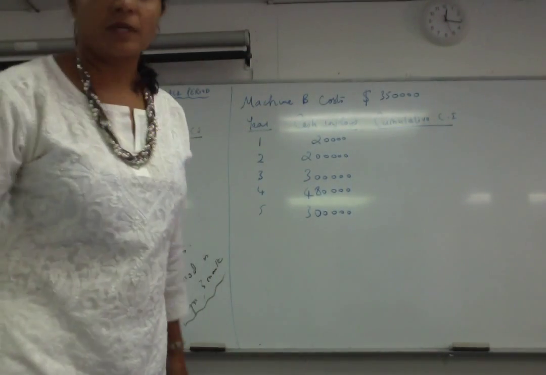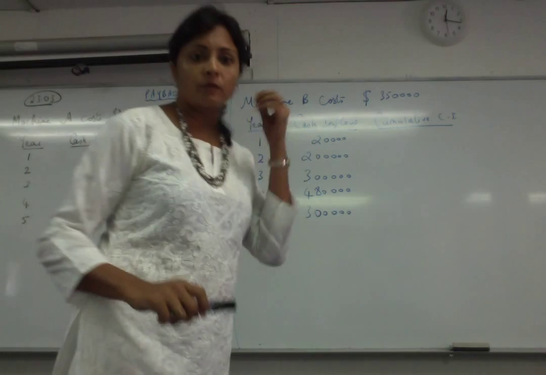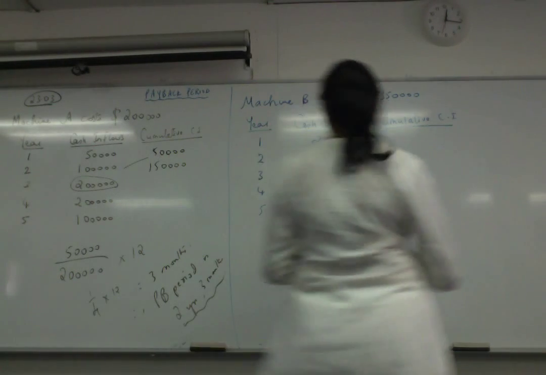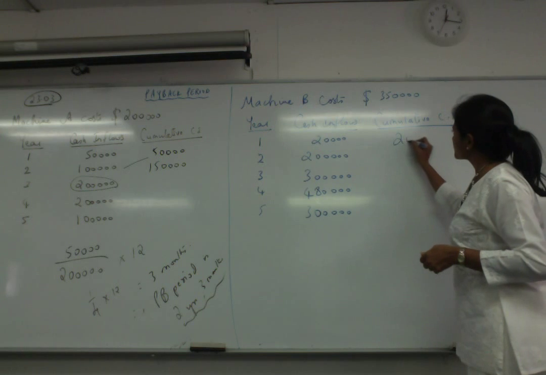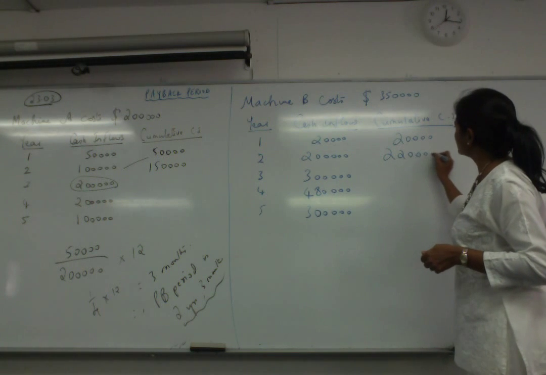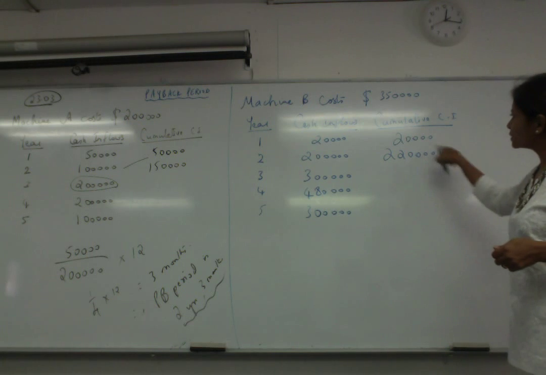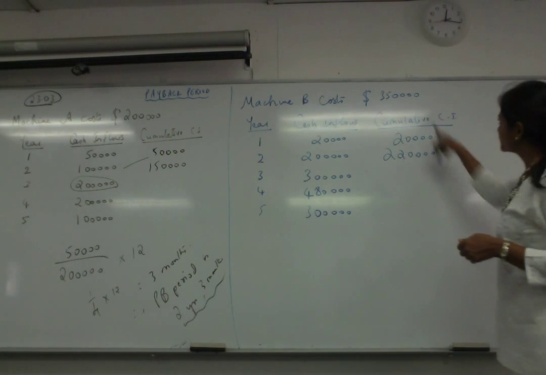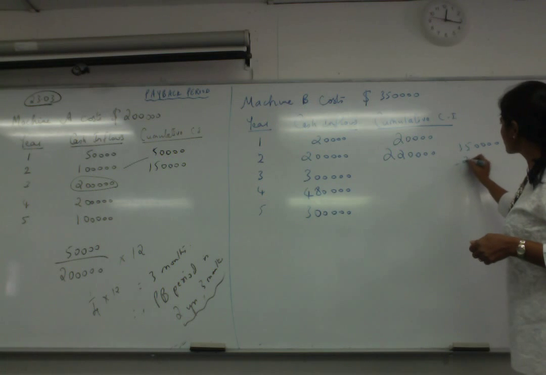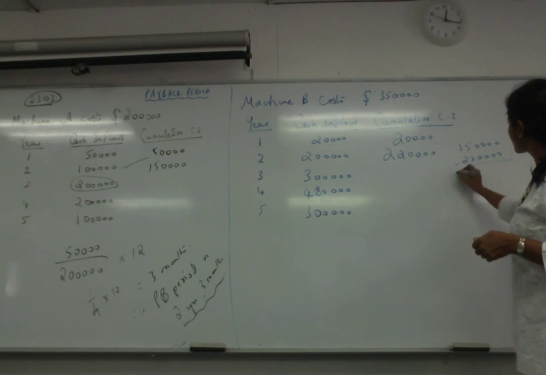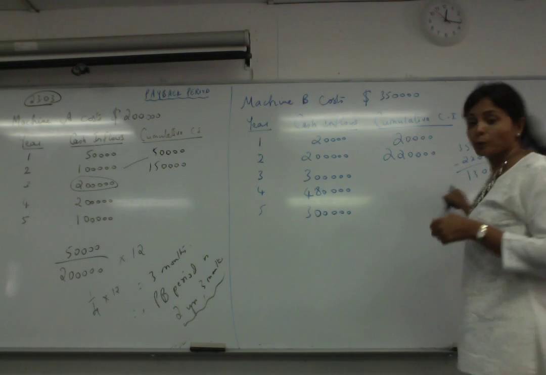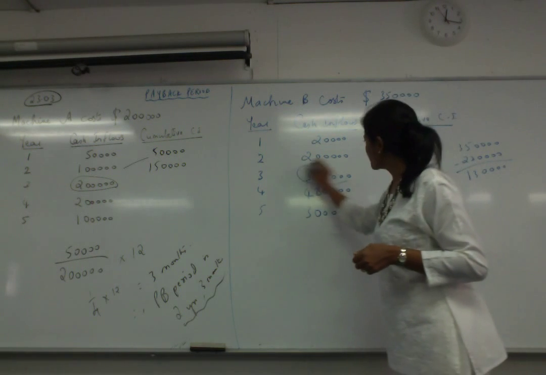So, machine B is going to cost $350,000. Same method. You need to find the cumulatives. $20,000 plus 220. That's 3. So I'm going to stop at that. I'm going to take the difference, 350 minus 220, which is $130,000, which I've got to recover from the third year.